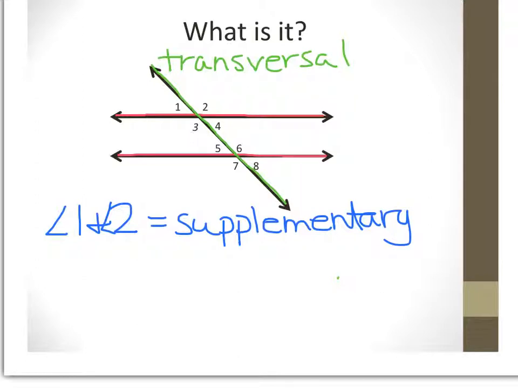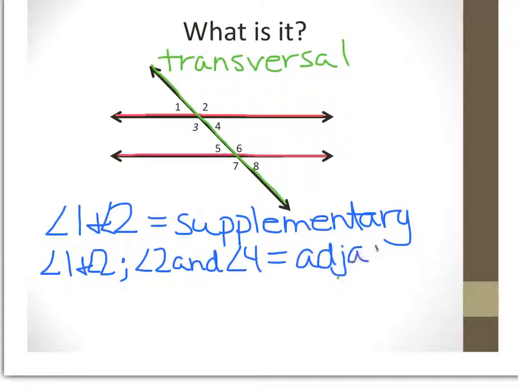Okay, we also learned about adjacent angles. We could say that angle 1 and angle 2, as well as angle 2 and angle 4, those are all adjacent. That just means that they are right next to each other. They share a ray with each other. Okay, that's what adjacent angles are.